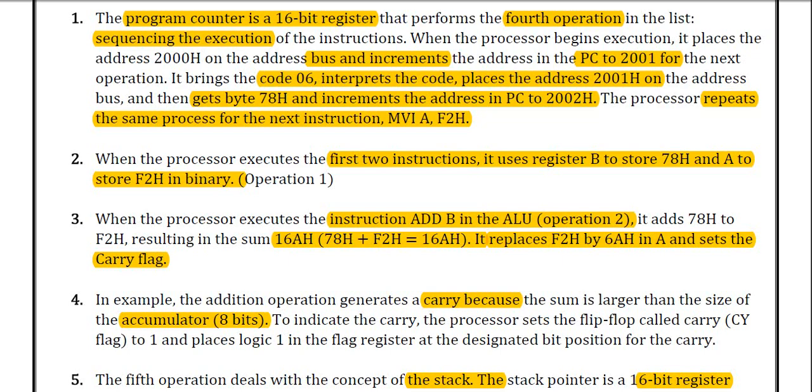It replaces the F2 hexadecimal by 6A hexadecimal in A, and it sets the carry flag, because here we can see that we have 3 digits, 16A, but we have registers only for 8 bits. That is the reason 1 is in the carry flag section.